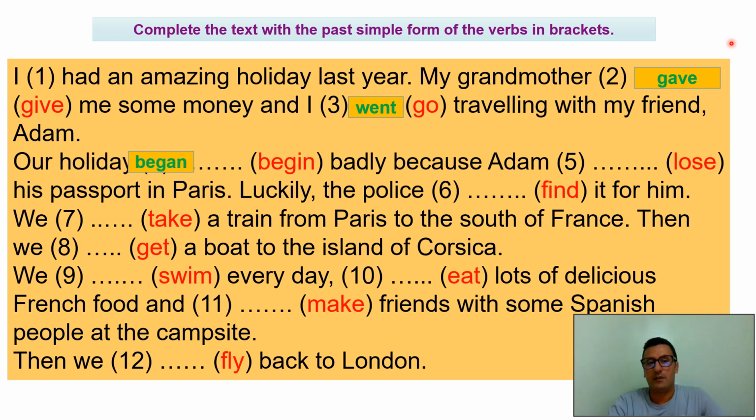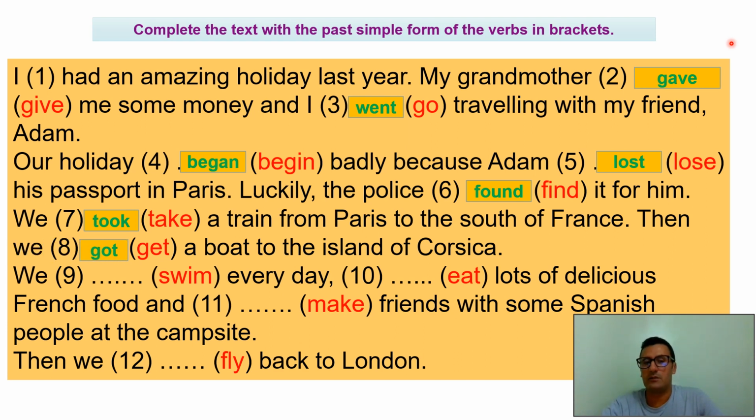Our holiday began badly because Adam lost his passport in Paris. Luckily, the police found it for him. We took a train from Paris to the south of France. Then we got a boat to the island of Corsica.